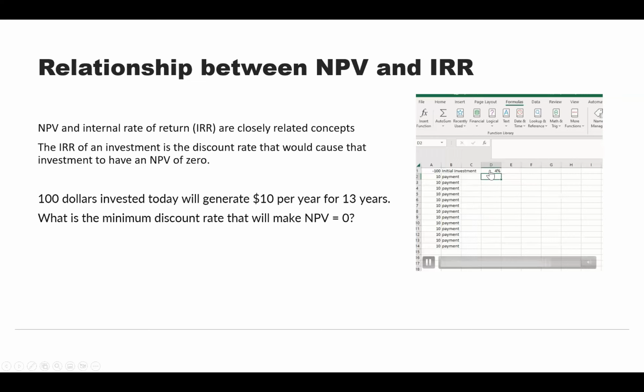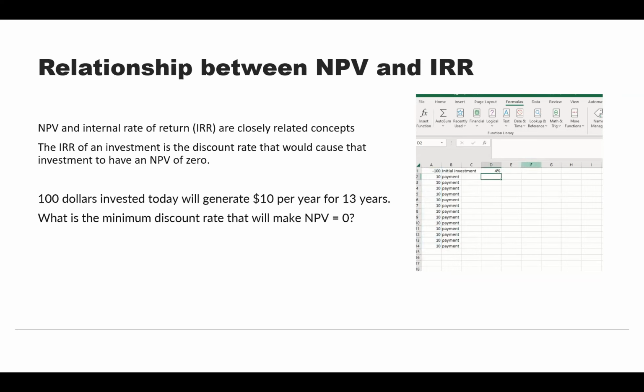In Excel, I can do that. There is a formula, internal rate of return. You basically just take that stream of payments and the negative initial payment, type IRR equals internal rate of return, then the values, the initial payment and then the stream of payments, and you hit enter, and Bob's your uncle, it'll calculate it for you.